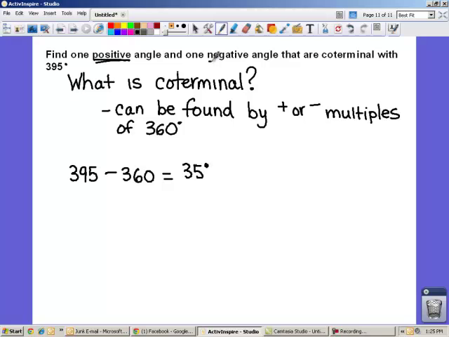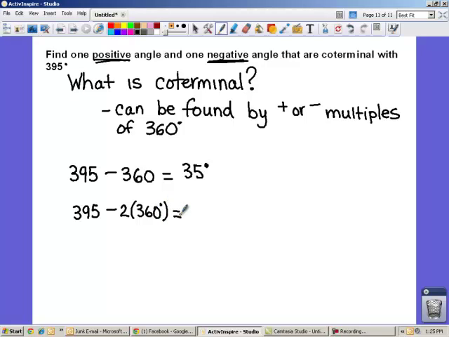Now I need a negative. So I have 395 degrees. I know if I add 360, it's still going to be positive. I subtract 360 and I still get a positive. So that's why it says you can add or subtract multiples of 360. So what if I subtracted 2 times 360 degrees?